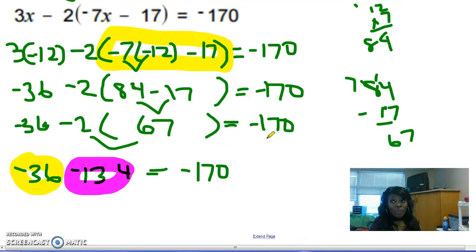Well, if you have 36 negatives and 134 more negatives, what else could you do? Add them. Okay, so we have, go back to the pencil, a negative and a negative is a negative. Because you have negatives, you have more negatives, lots of negatives, okay?